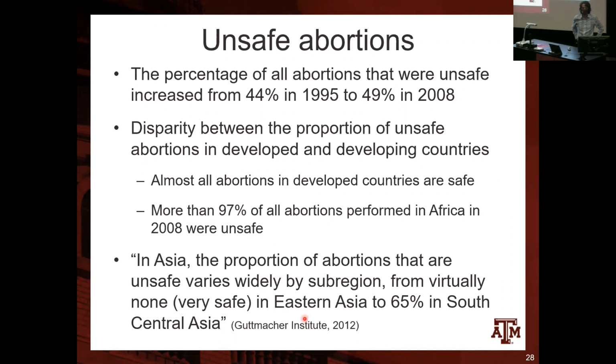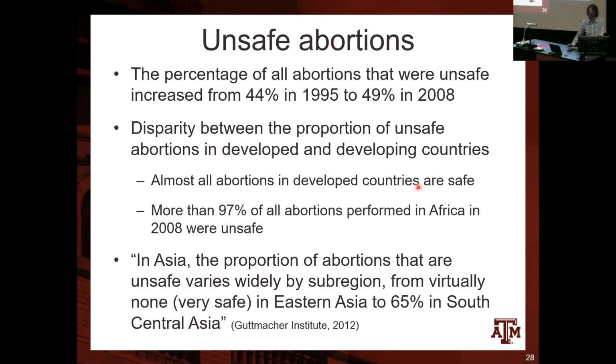The percentage of all abortions that were unsafe increased from 44% to 49% between 1995 and 2008. There is a disparity between the proportion of unsafe abortions in developed and developing countries, and it's a fact. Almost all abortions in developed countries are safe, and usually in developed countries abortions are legal, and by being legal, they are safe.